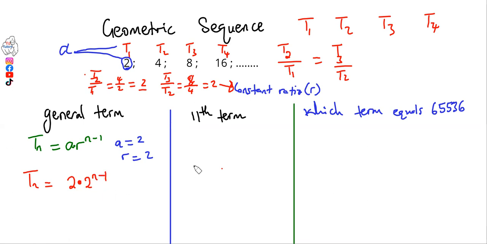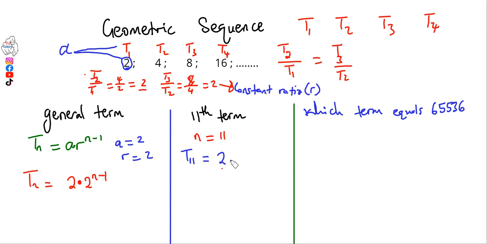Now let's look at the 11th term. Here n is given to us, and we are looking for Tn. So n is actually 11. When looking for T11, where there's n, we put 11.